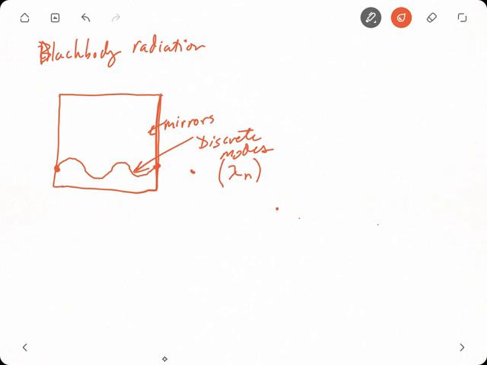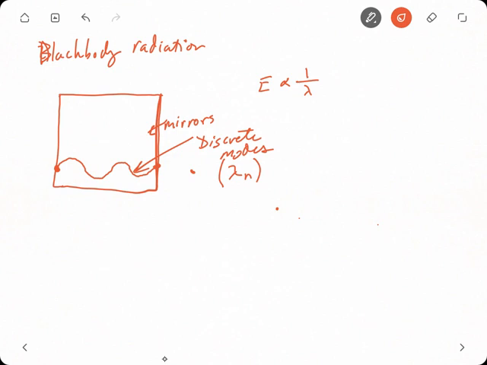And when this was done by Planck, the idea of quanta emerged, because the total energy density inside this box would diverge unless you assumed that the energy of these waves scaled inversely with the wavelength. So energy has to be proportional to 1 over wavelength.